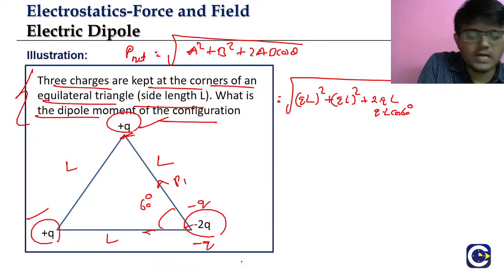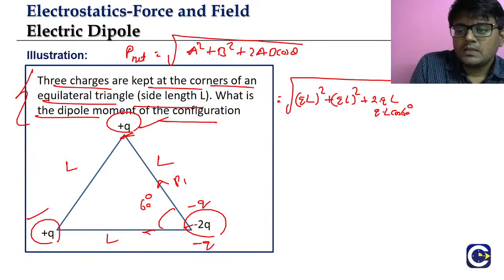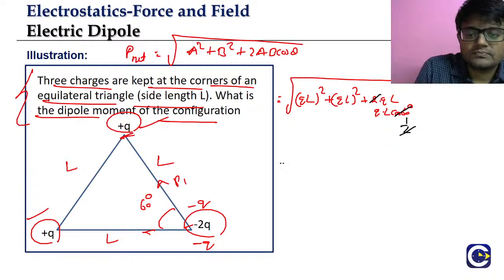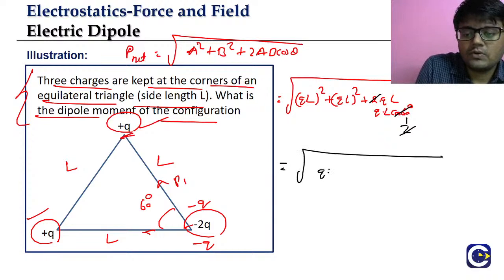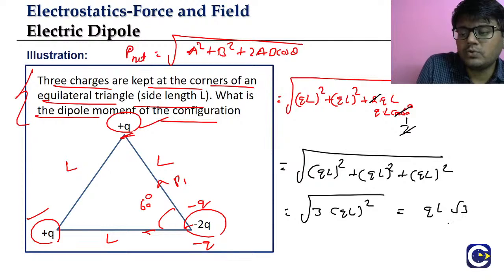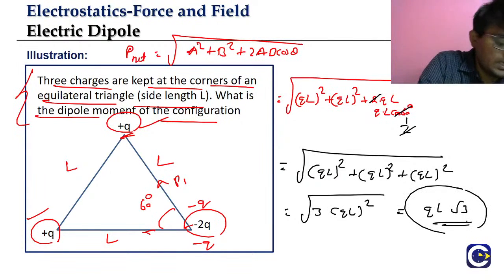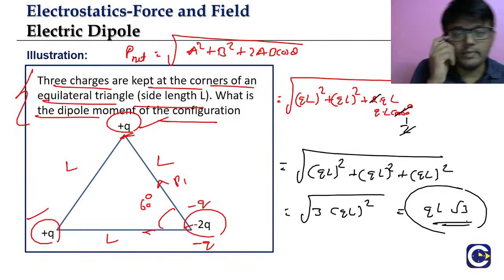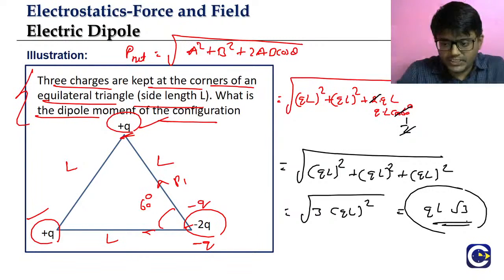Half. So the 2 cancels, and we get root of (qL) square plus (qL) square plus (qL) square. So root of 3 into (qL) square is qL into root 3. Okay? That is the net dipole moment of that configuration.